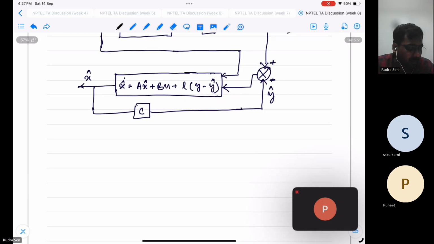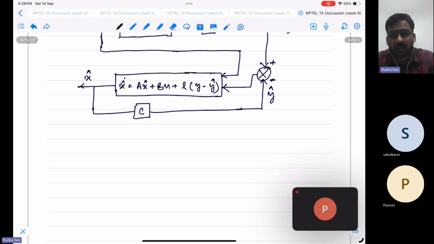Now the logic is that in a system we have to design a controller. As a control designer, we need to design a controller, but to design a control we need knowledge of all the states.